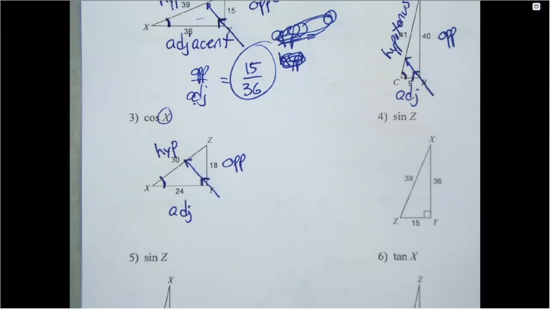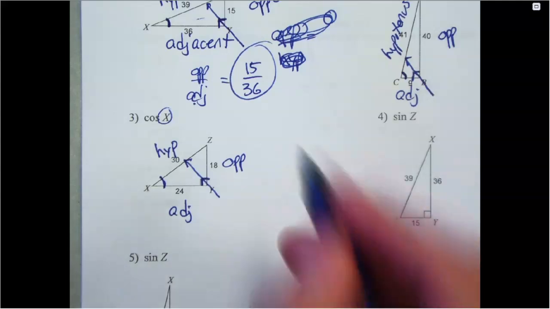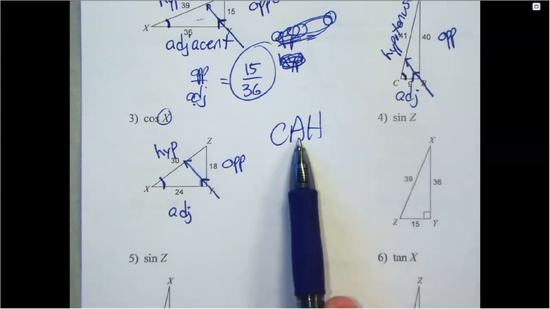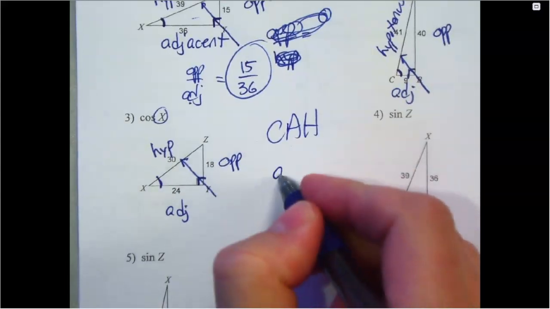What are you typing? We're not dividing. So cosine is ha. A stands for adjacent, that goes on top.